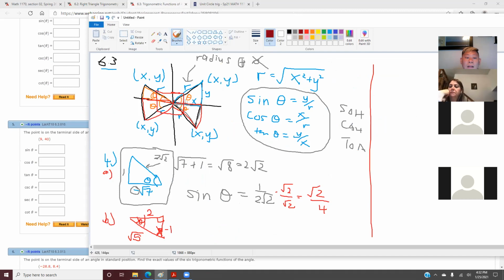So it will look something like the ones you did in 6.2. And 9 is your x, so x always goes left and right, and 40 is your y, which goes up and down. And since it's quadrant one, they're all positive. And then you use the Pythagorean theorem to figure out what this is. I think it's 41. a squared plus b squared, you guys. And then the rest is pretty much the same thing, SOHCAHTOA.